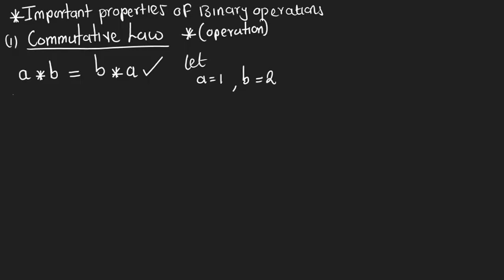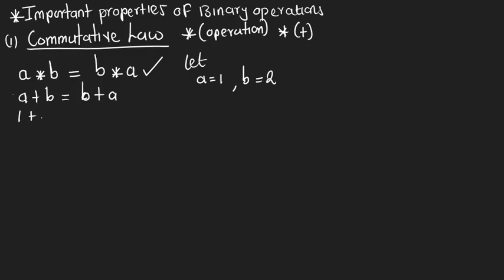If we're using addition, then our star or operation is an addition. If we say A plus B is equal to B plus A, let's try it to see if it works.